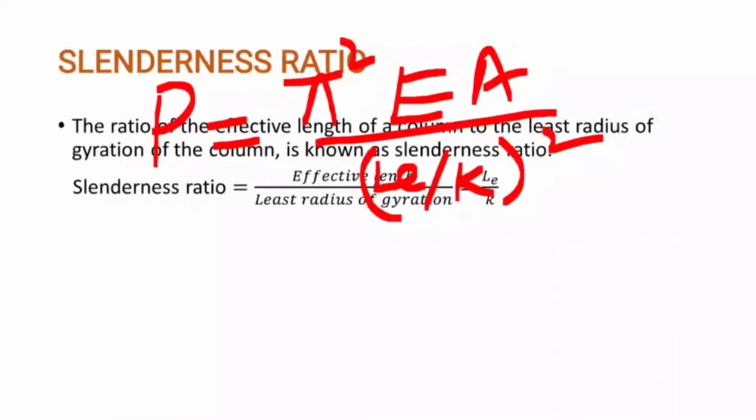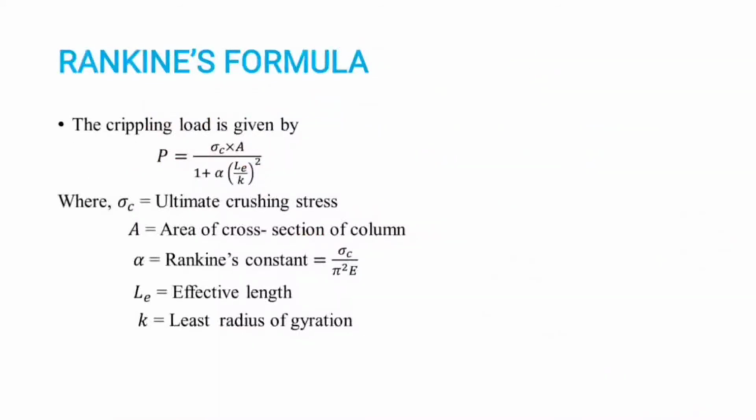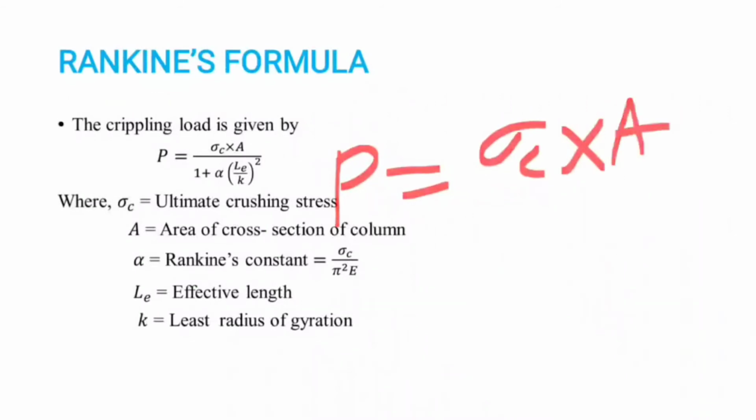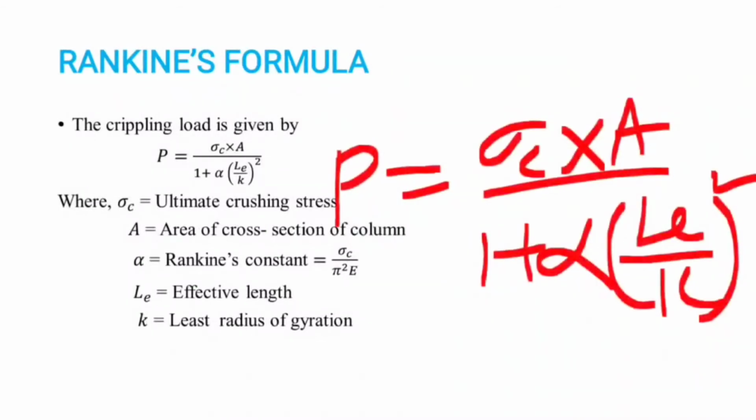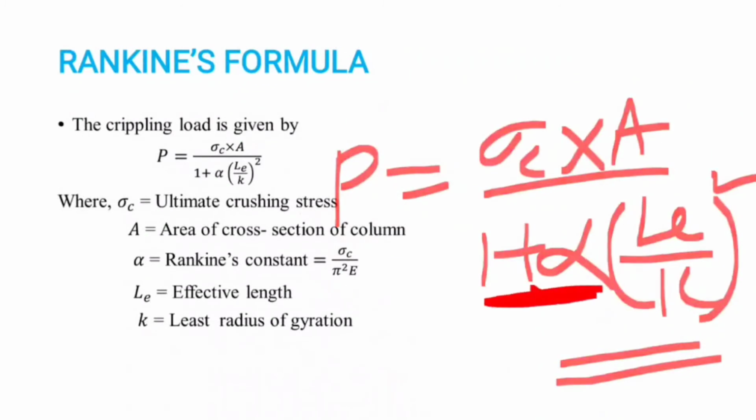Okay, let's move to Rankine's formula. The crippling load or critical load is given by P is equal to sigma C into A by 1 plus alpha (LE by K) whole square. He modified Euler's formula.